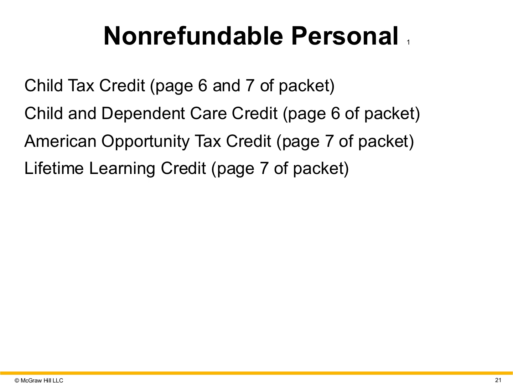The last credit we're going to talk about here is the lifetime learning credit. This is also a credit related to higher education, and it is also listed on page 7 of your tax rates and schedules packet. What this credit is for kind of explains itself in the name.